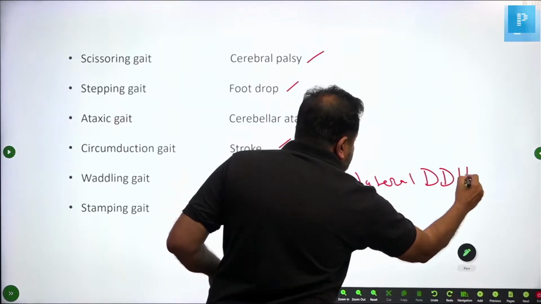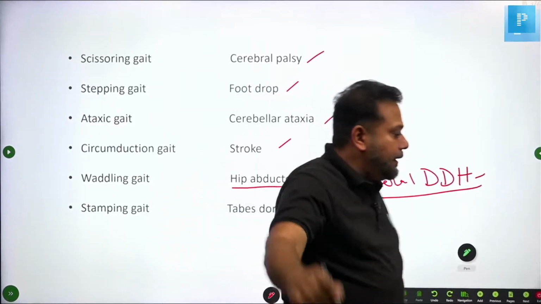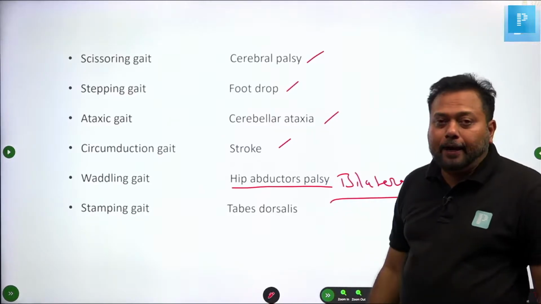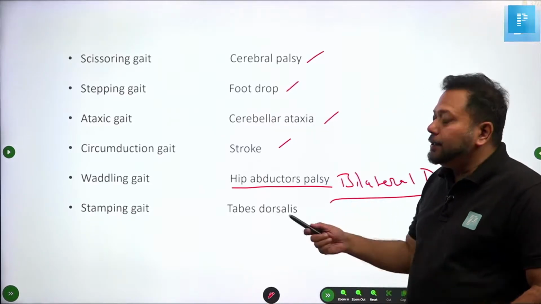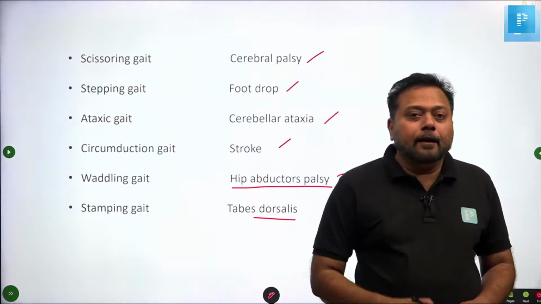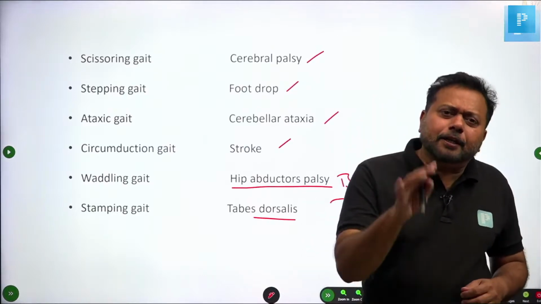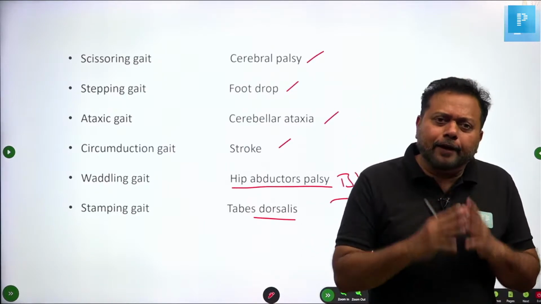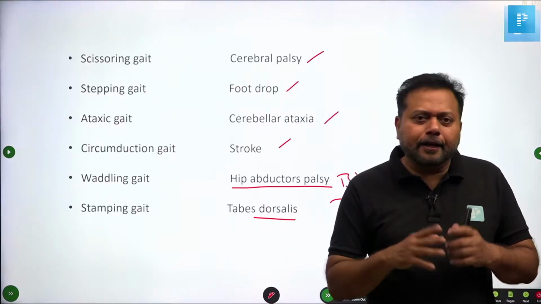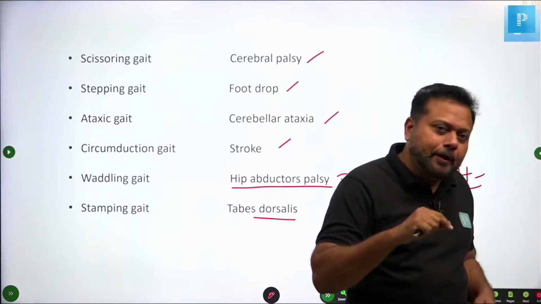DDH, developmental dysplasia of the hip, bilateral DDH, is duck waddling gait. Then stamping gait, tabes dorsalis. And festination gait, short shuffling gait, reeling gait, festinant gait, all these names, in which condition did you read them?